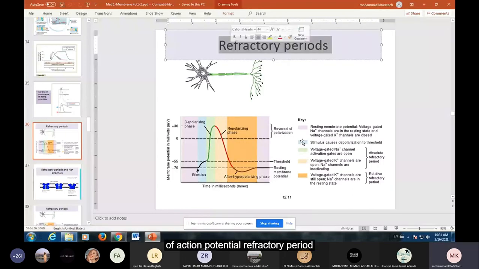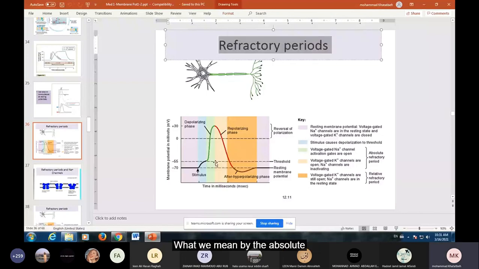A refractory period is a period at which the membrane cannot develop a new action potential by stimulation. We have two phases of the refractory period: the absolute refractory period and the relative refractory period.